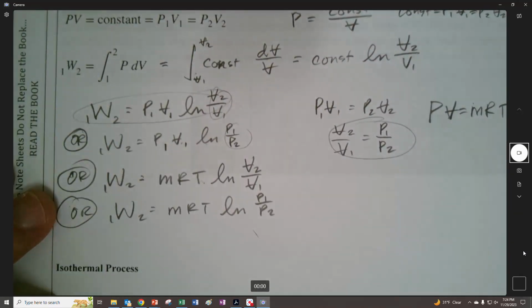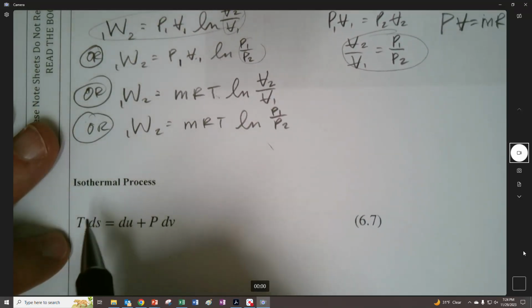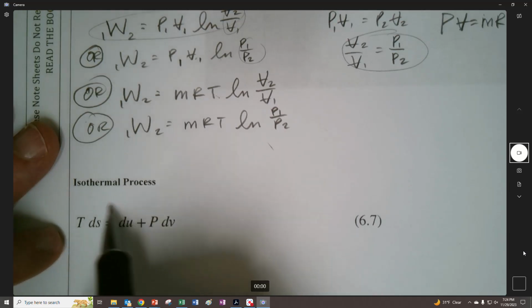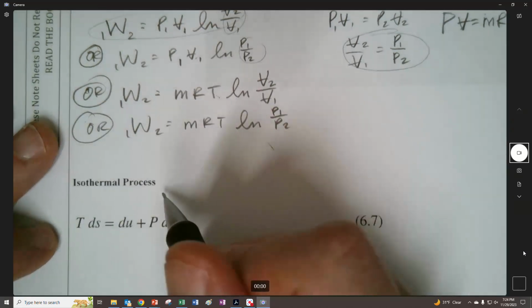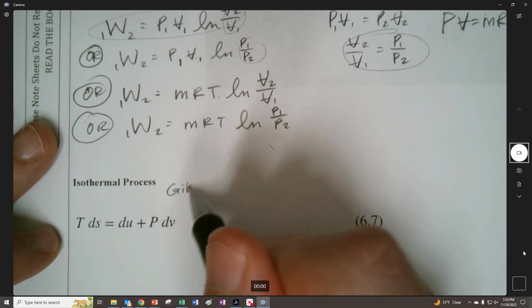And then I think in the last class, we also talked about entropy. But we're going to do that right down here. Okay, so for an isothermal process, we'll use this Gibbs equation. I can't remember which one, I would call this the first Gibbs equation.